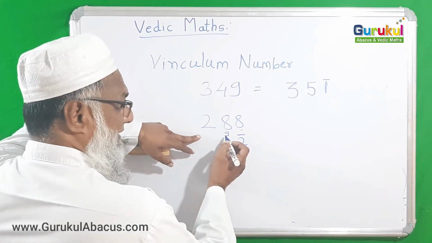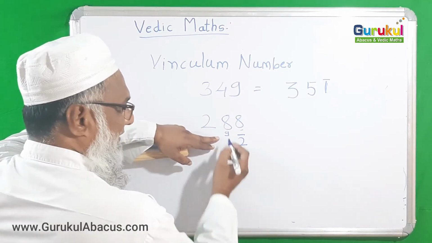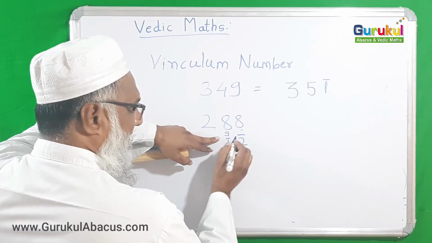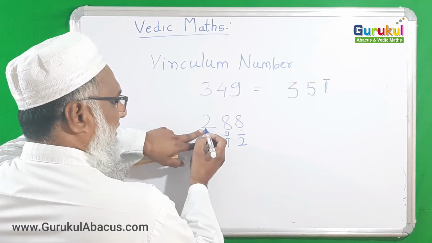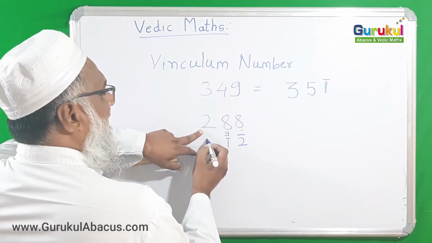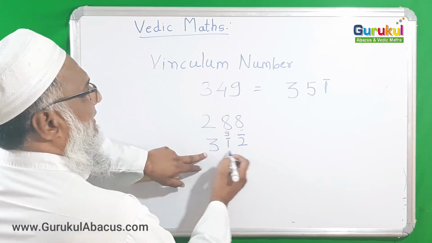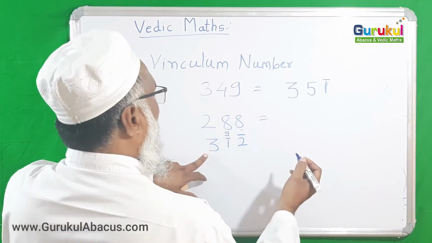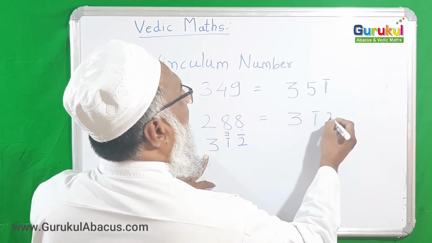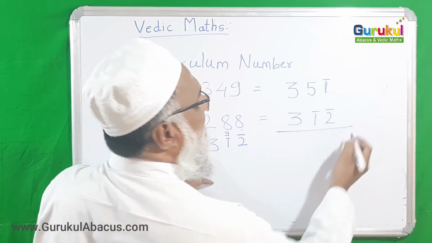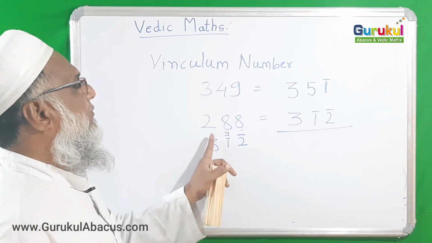Now this 9 also I want to convert. So its complement is less 1, that I want to write, and for this step I want to convert this 2 into 3. So finally this would be my Vinculum number: 3 bar 1 bar 2. This is my Vinculum number for 288.